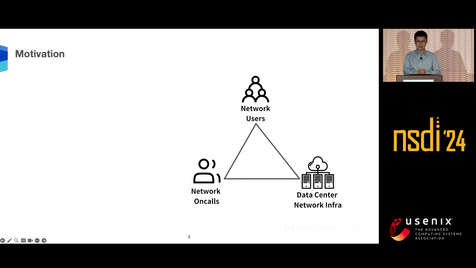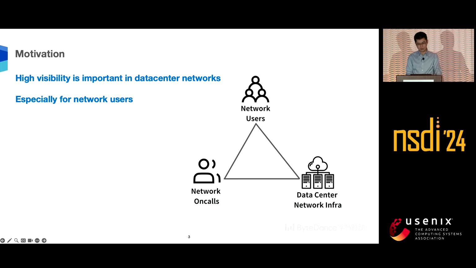First, as we know, in today's data center networks, because of the very huge scale, achieving high visibility is very important. This is especially important for our network users because, maybe during network changes, an outage happens, and our network users, who are running applications or services, may face some problems likely caused by a network issue.